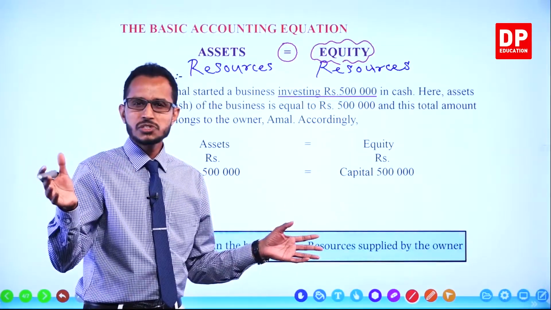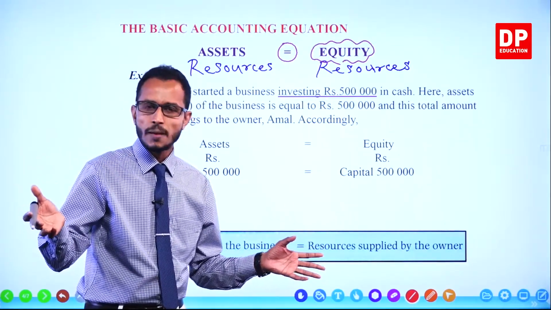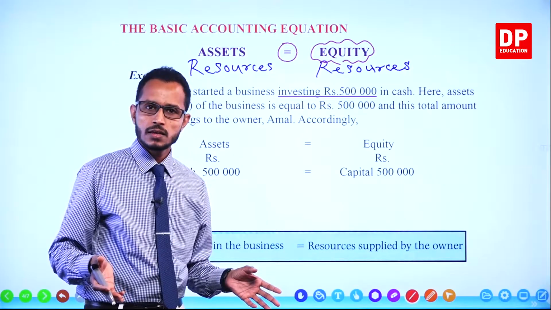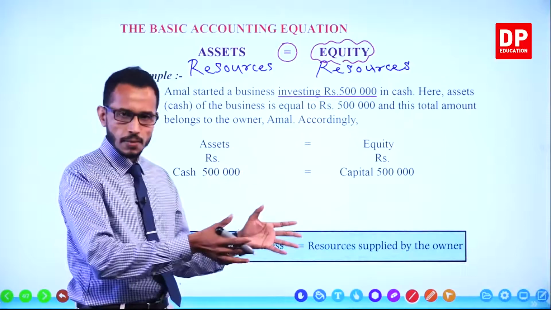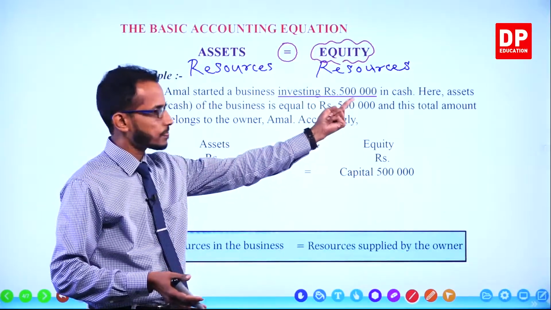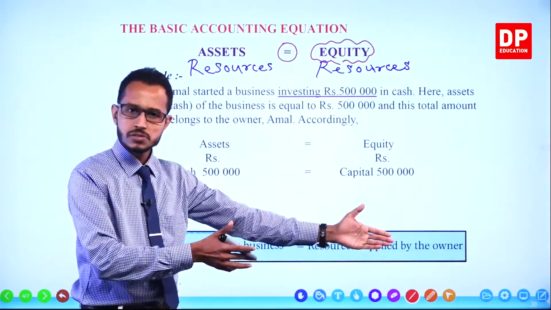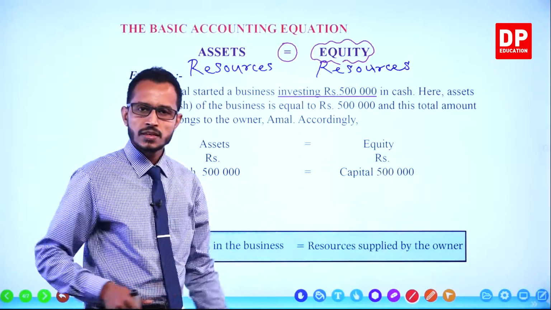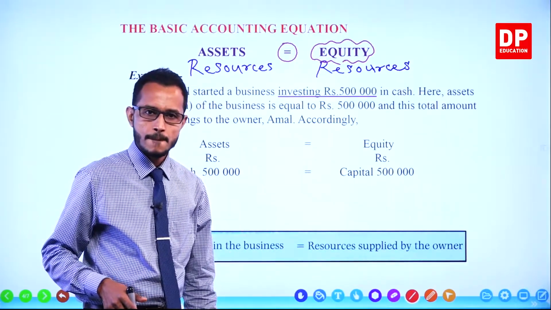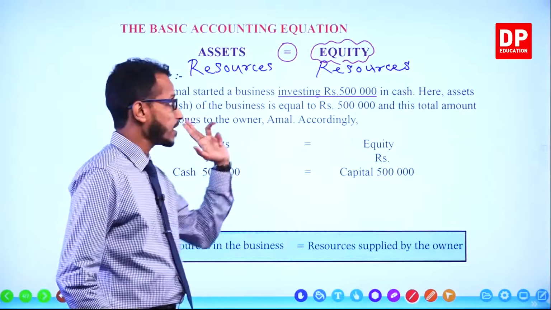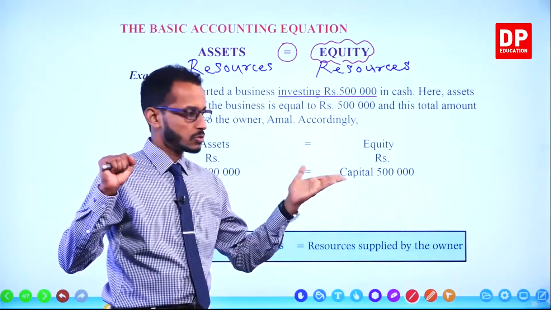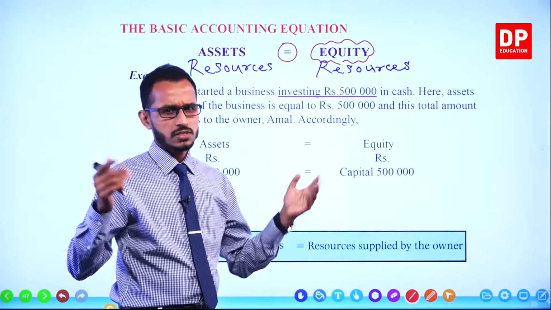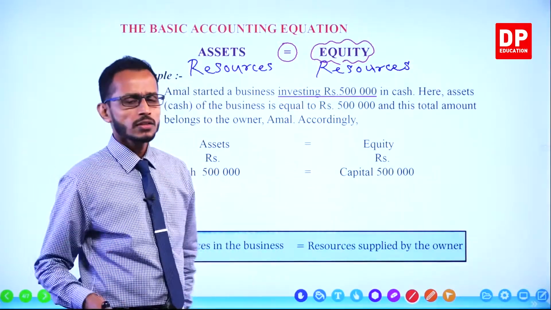He can do all the initial setup using this money, which is already in the business, 500,000. If this 500,000 is enough to start his business, he doesn't need to borrow anything from anyone.